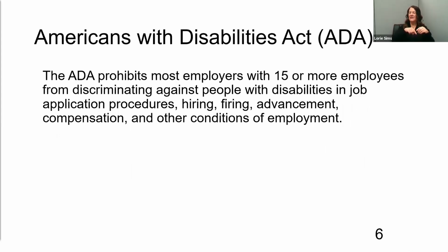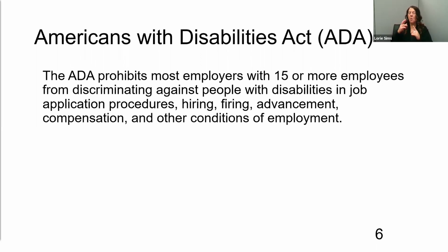The federal law is the Americans with Disabilities Act, or the ADA. The ADA is divided into chapters that are called titles, and different titles apply to discrimination in different contexts. And so in employment, we're talking about Title I of the ADA. The ADA prohibits most employers with 15 or more employees from discriminating against people with disabilities in job application procedures, hiring, firing, advancement, compensation, and other conditions of employment.